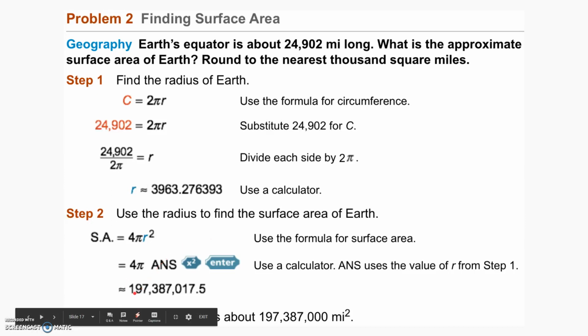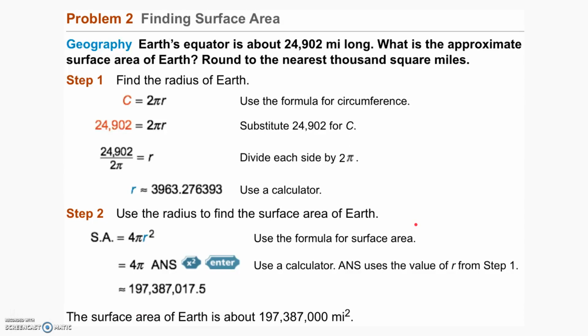And that should give us approximately 197,387,017.5 square miles, which they're going to round off to 197,387,000 square miles. Notice we are back in surface area, not volume right now, so the answer is going to be miles squared, not miles cubed.